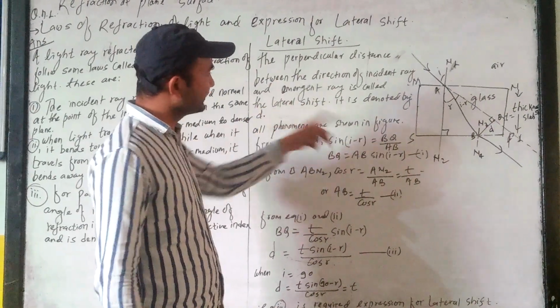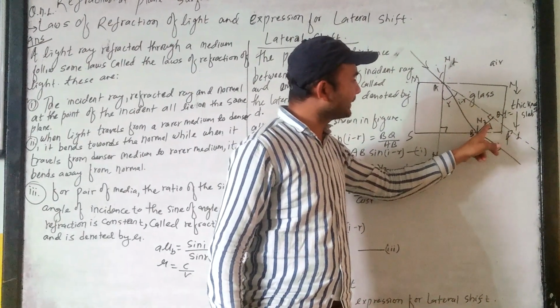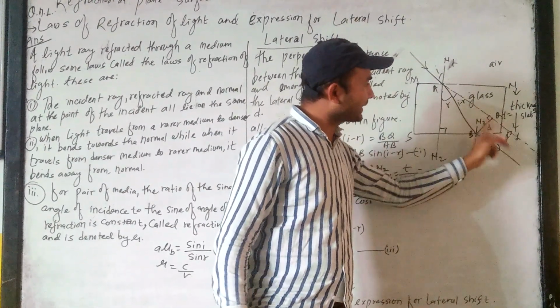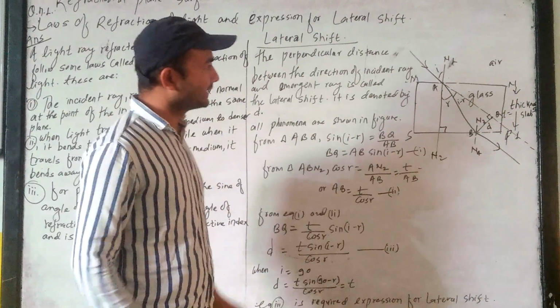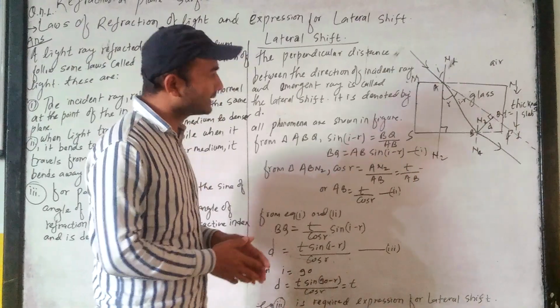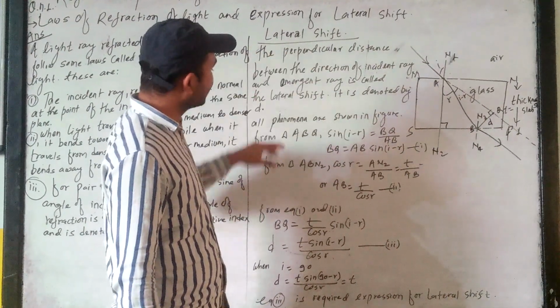It is denoted by d. You can see here PBQ, which is the perpendicular in between these two parallel lines: the emergent ray, this one, and the direction of the incident ray. These two are parallel, that's why in between them there is a perpendicular distance, which we call the lateral shift.